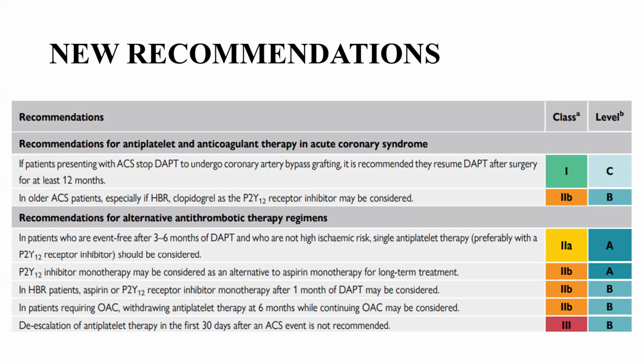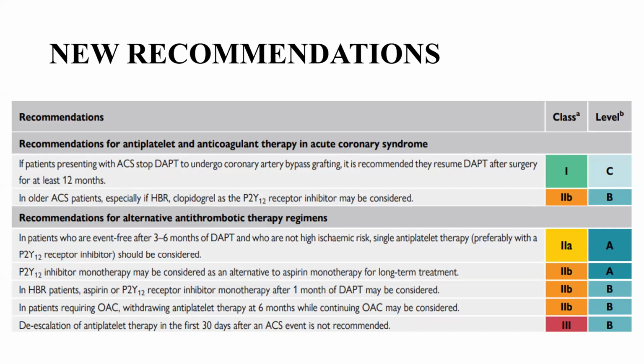And if we all remember, it's mainly a balance between bleeding risk and ischemic risk. So we always have to look at the patient in perspective. And if you look at the class of recommendation is 2B, it tells you there are dissenting opinions.